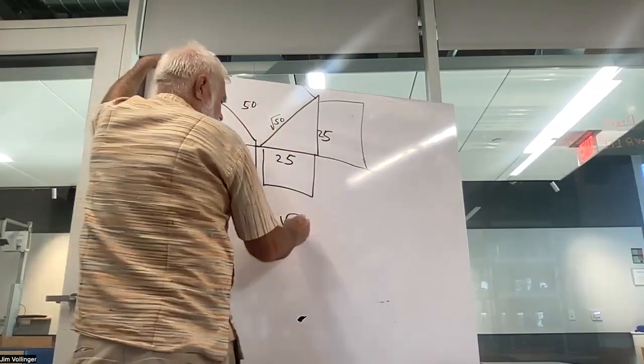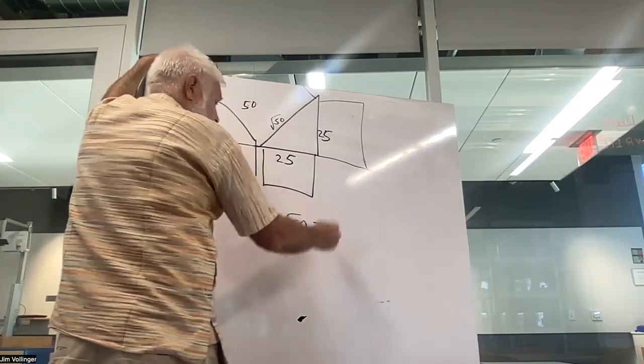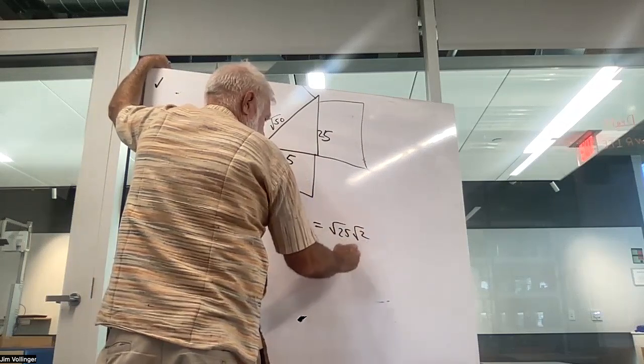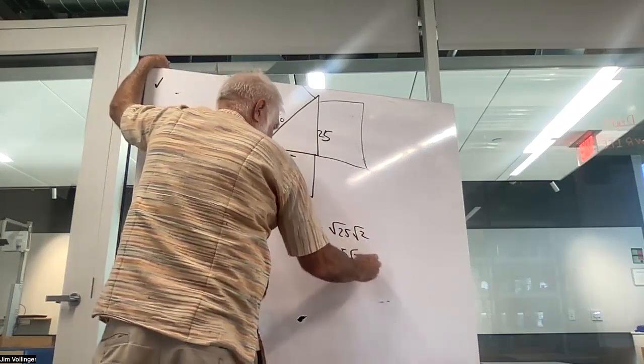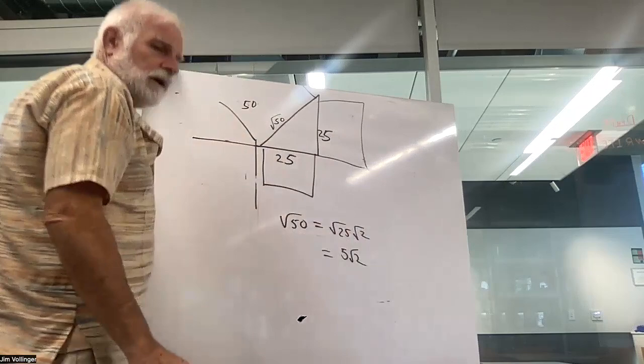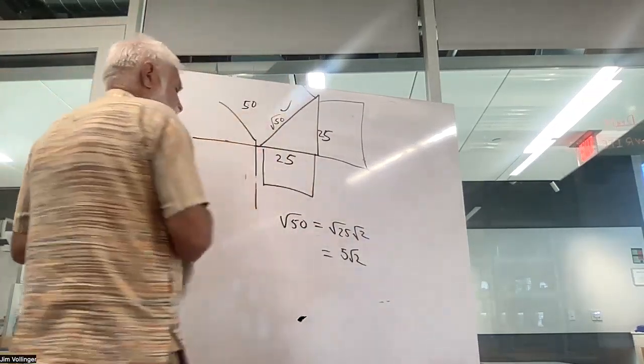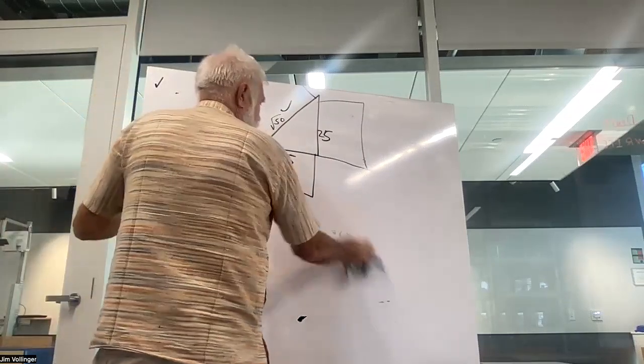We've been working with that elsewhere on the test, so I might as well do it. The square root of 25 times the square root of 2 is equal to 5 root 2, something else, a skill you need to learn. So no reason not to show it. But at this stage, I would have accepted the square root of 50 on the test.